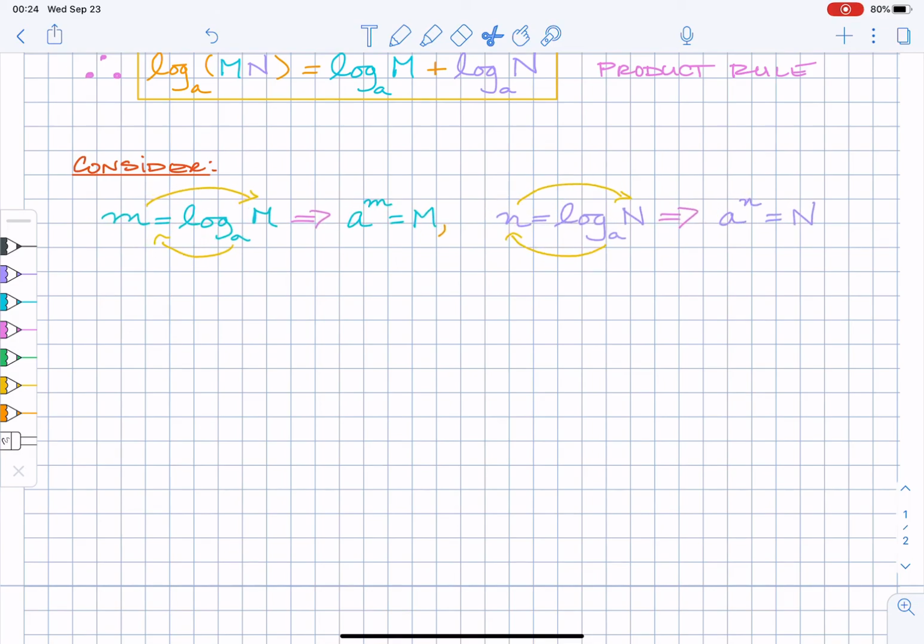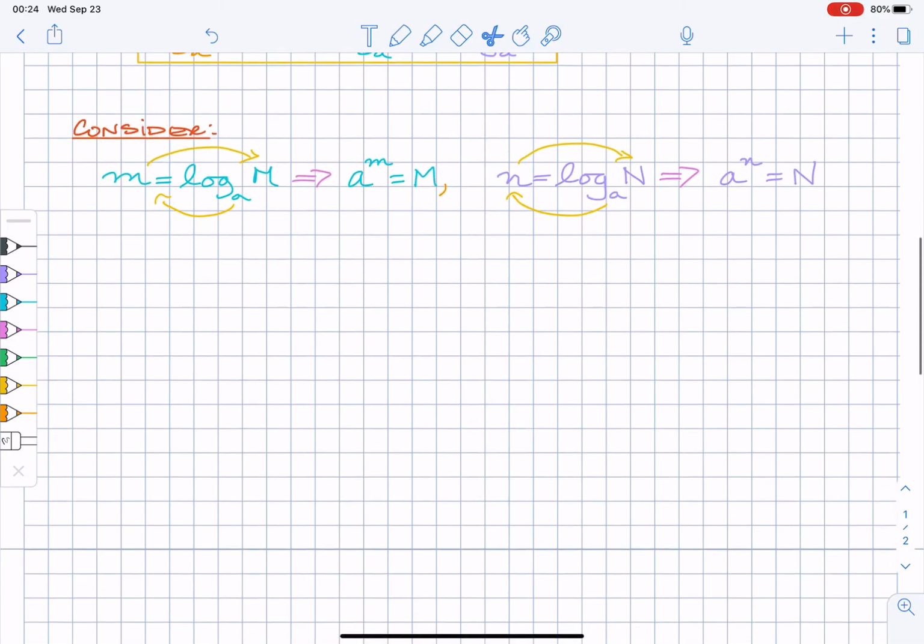Okay, so now let y be equal to log base a. Now let's do a quotient. Let's do m over n.